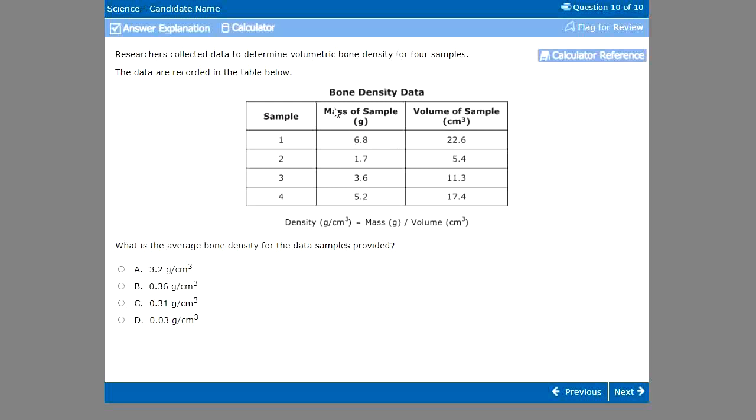So what we have to do here is we have to calculate the bone density of every single sample. How do we do that? Mass divided by volume. So 6.8 divided by 22.6, 1.7 divided by 5, 3.6 divided by 11, and 5.2 divided by 17.4. So how much is that roughly?